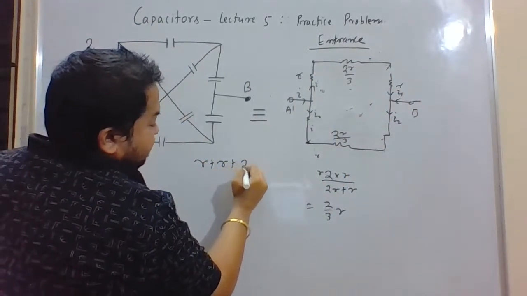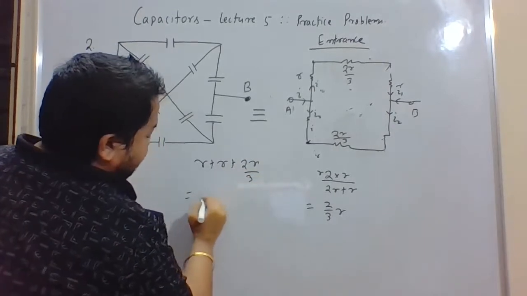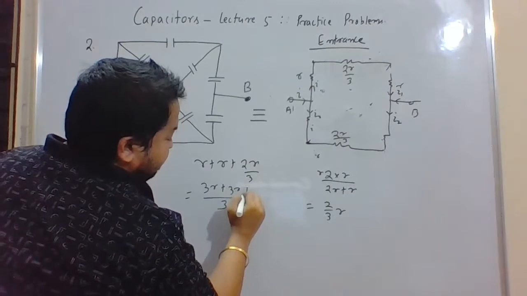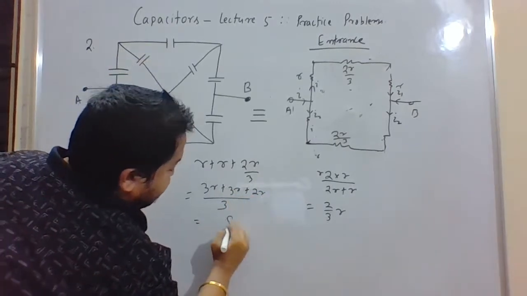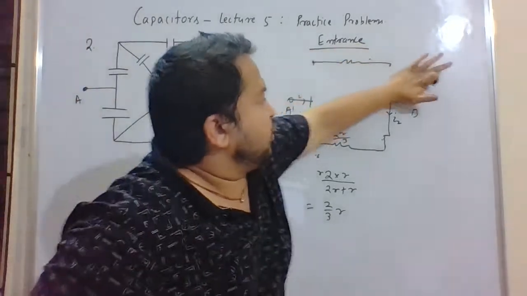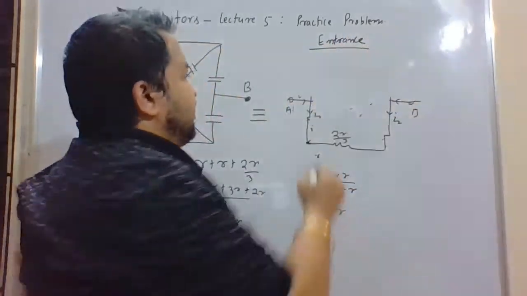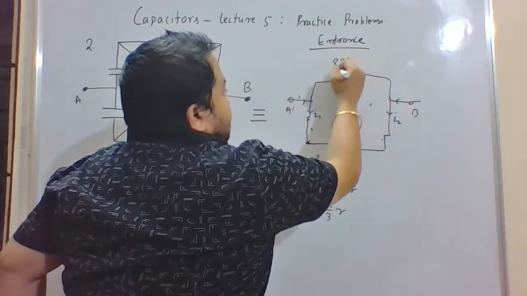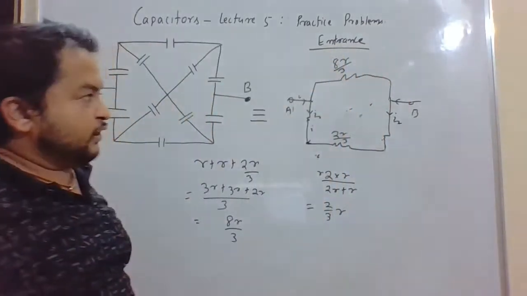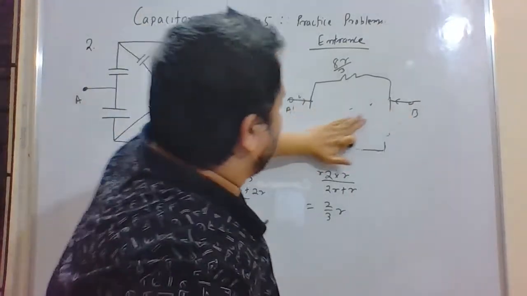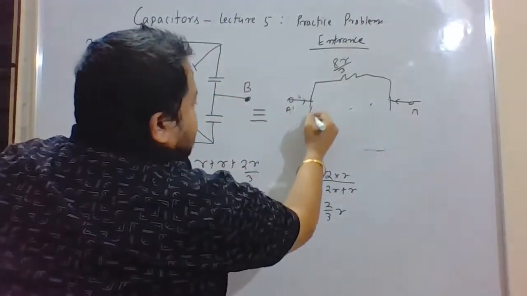R plus 2R by 3, or 3 goes common, 3R plus 3R plus 2R, that is nothing but 8R by 3. So I can remove all these three from the top side and I can put one resistor 8R by 3 here. Okay. Similarly, from the lower limb also, I can remove all these three resistors and I can put 8R by 3 here.